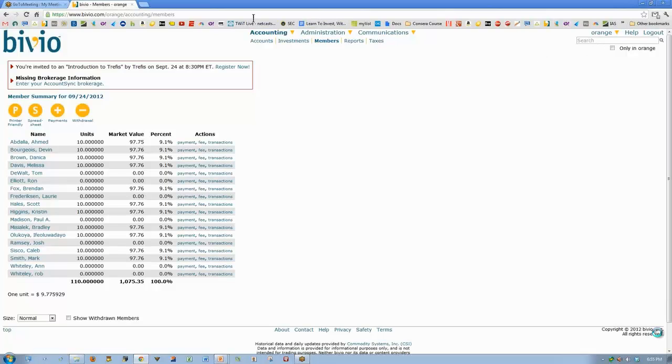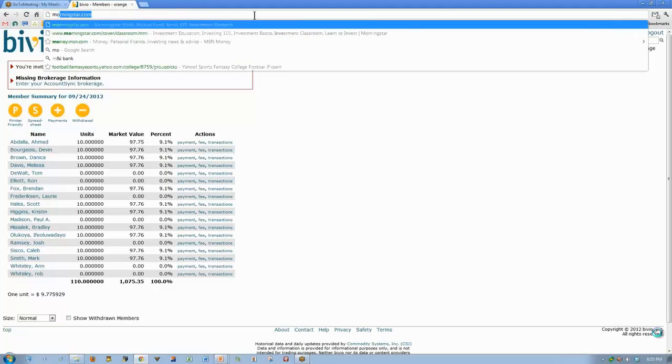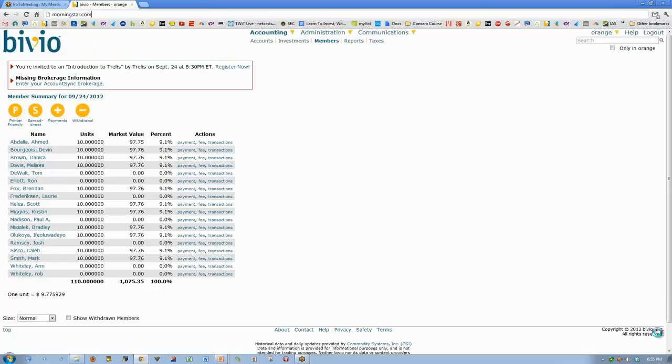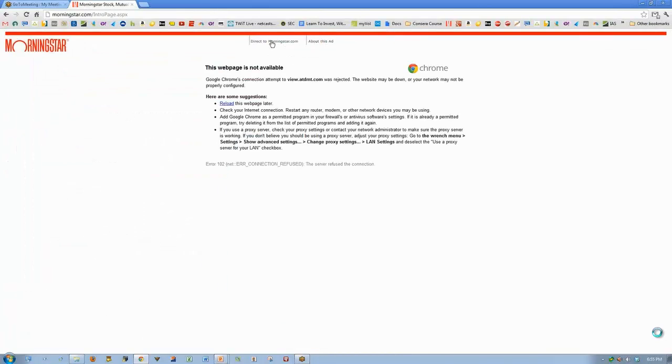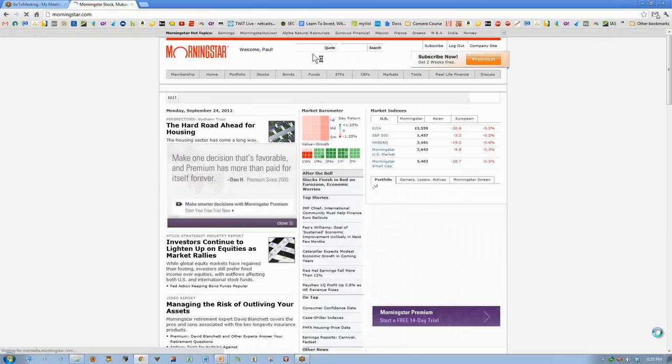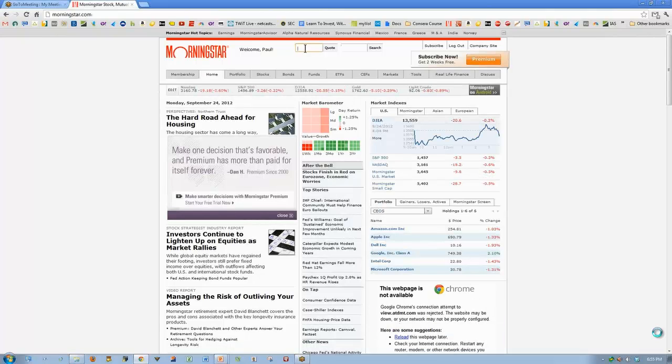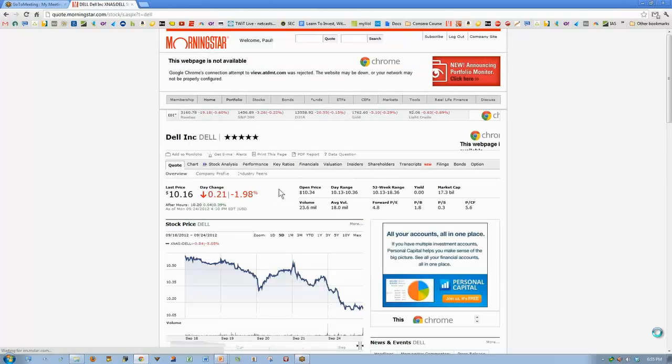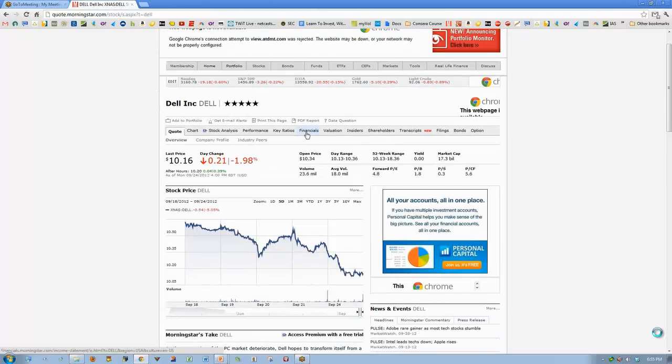All right, I think I've got just a few minutes. If we go to Morningstar, anybody got a company they want to look at? Qualcomm. Well, we aren't going to cheat and look at the ones that are already up there. Let's look at Dell. I put in the ticker at the top, and this is where we've got key ratios.